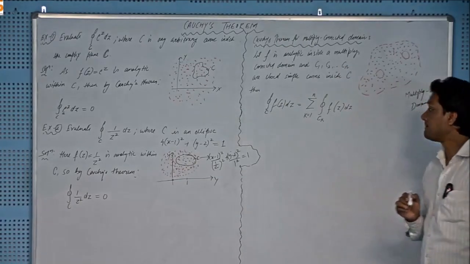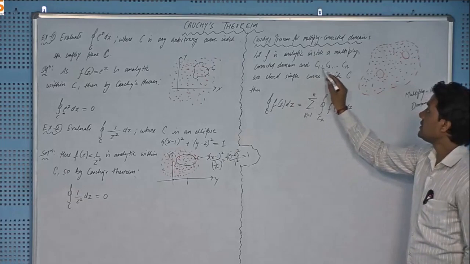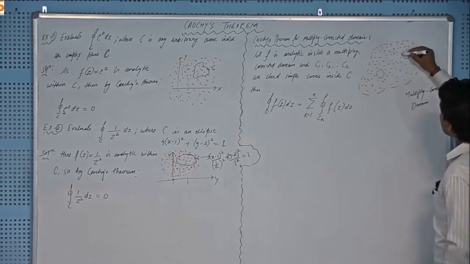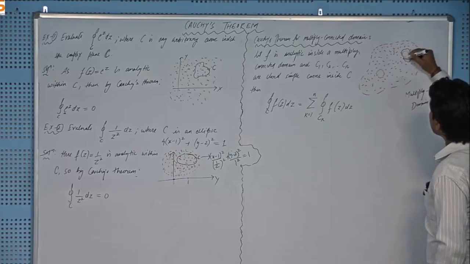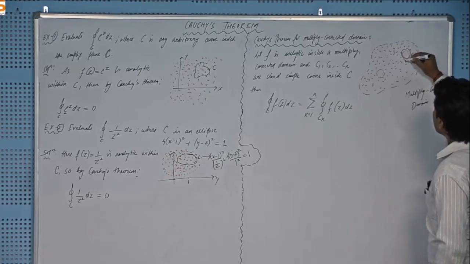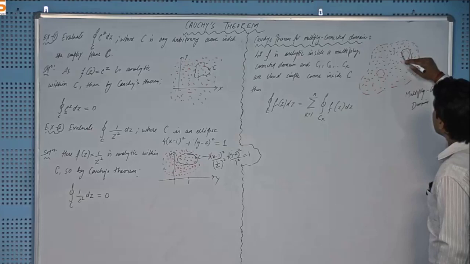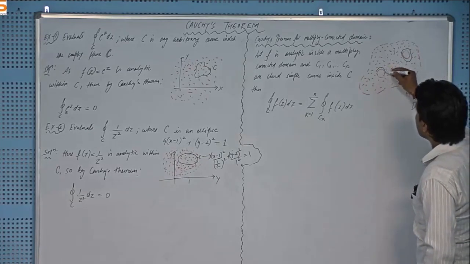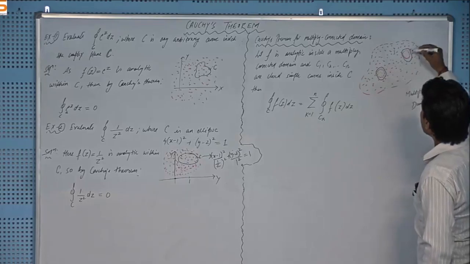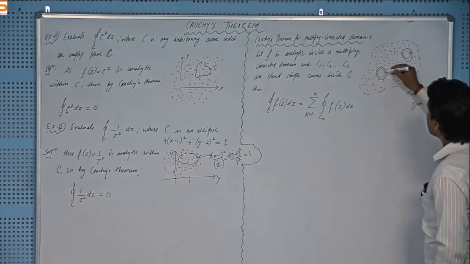Okay. And let me draw this C1, C2. C1 is the curve enclosing the first hole, right? And C2 is the curve enclosing the second hole.